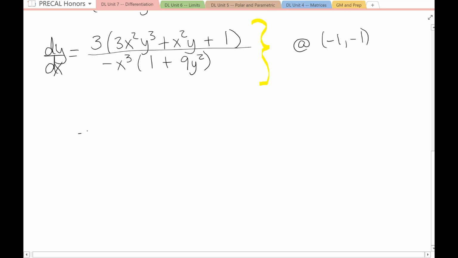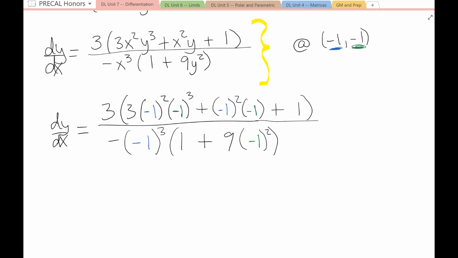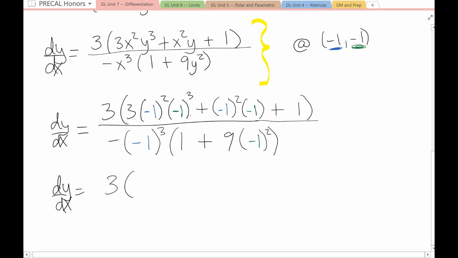We have dy/dx. Now we need to plug in the point negative 1, negative 1 for all my x's and y's to find the slope at that point. This is what I got when I plugged in these numbers. I got 3 times a negative 1, positive 1, and positive 3, so negative 3.